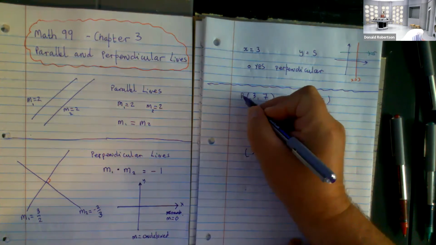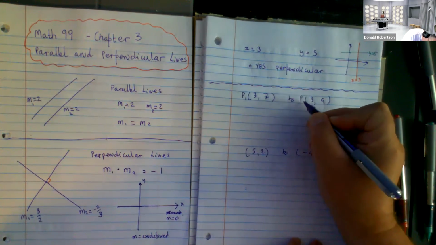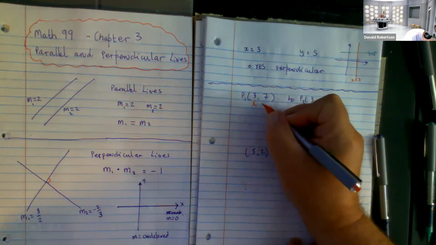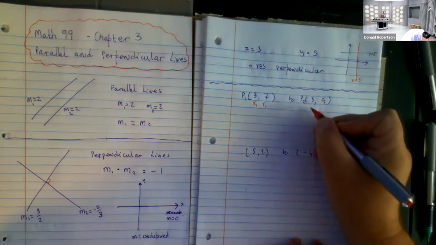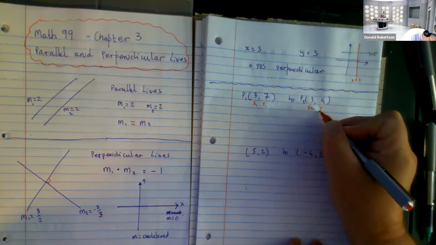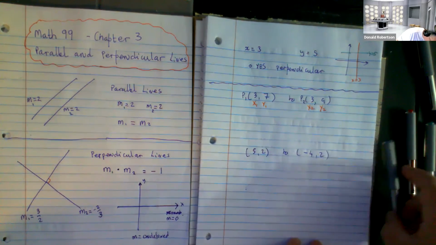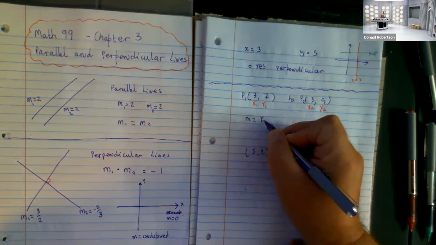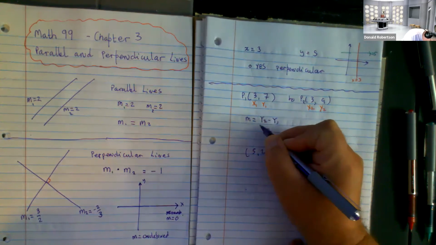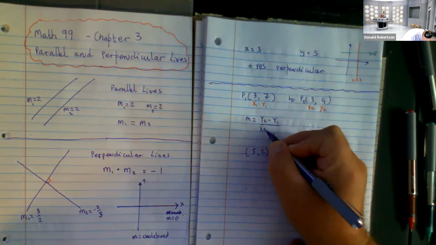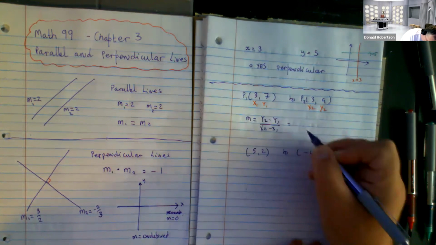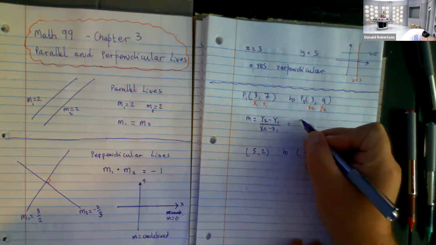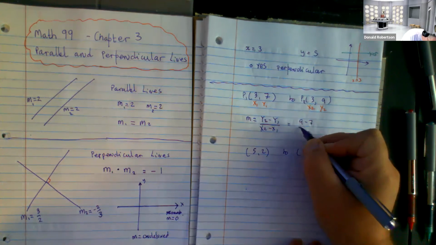If I call this guy P1, I call this guy P2, then this will have x coordinate x1 and y coordinate y1. This will be x2, y2. The slope is the difference in the y's divided by the difference in the x's. And the y's, in this case, are 9 take away 7.